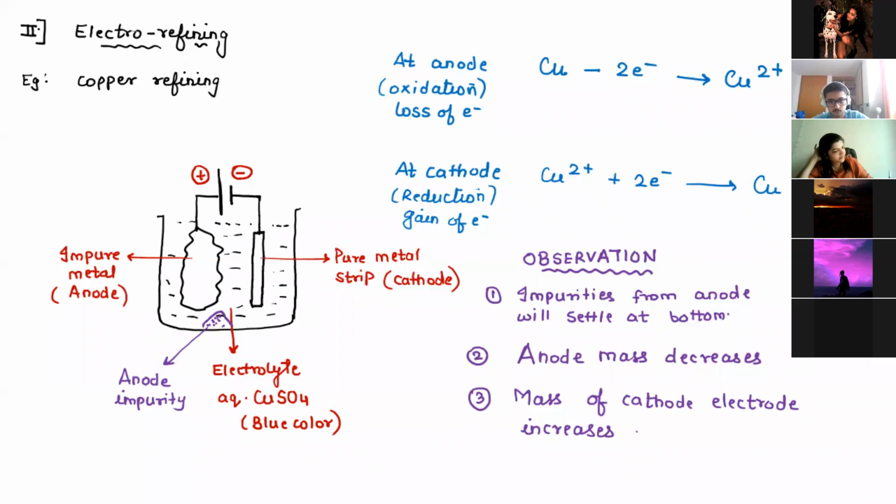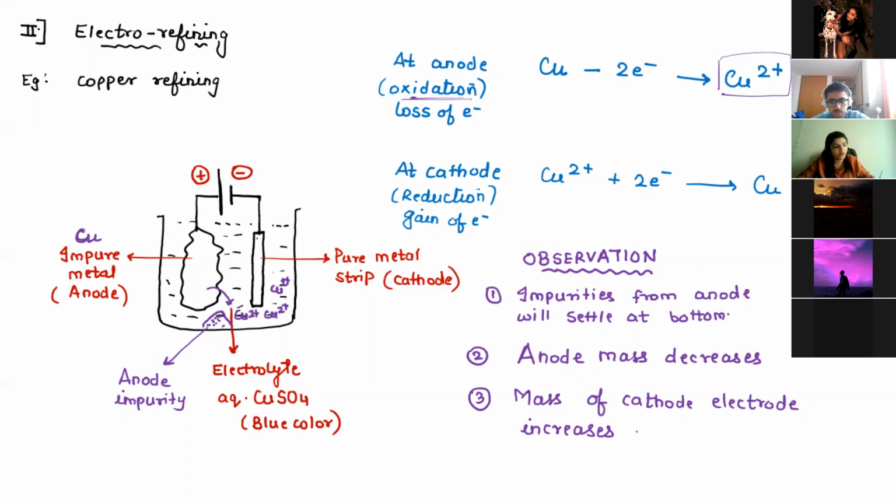Okay, now over here, we are doing copper, so the impure metal will be copper. At anode, it is oxidation, which is loss of electrons. So copper is losing its electrons and becoming Cu2 plus. Now from the anode, the Cu2 plus, since it's positive, will get attracted to which electrode?